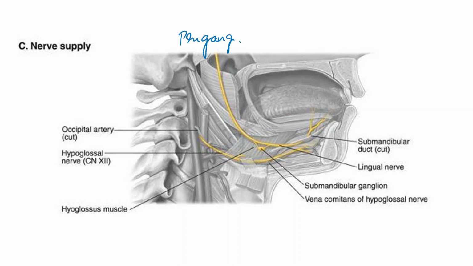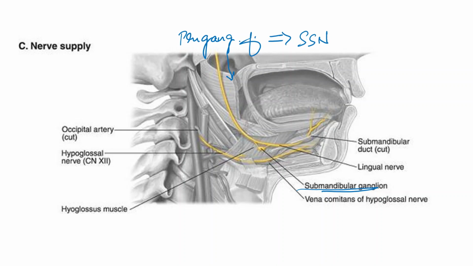The preganglionic fibers arise from the superior salivatory nucleus of the brainstem, which pass successively through the facial nerve, from the facial nerve to its branch, the chorda tympani, and the lingual nerve to reach the submandibular ganglion.